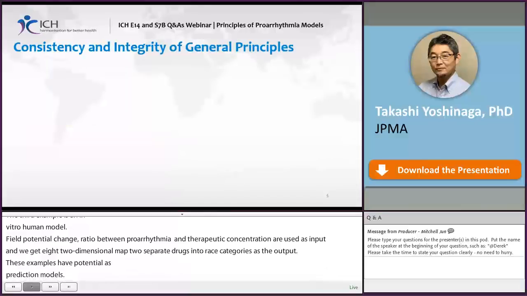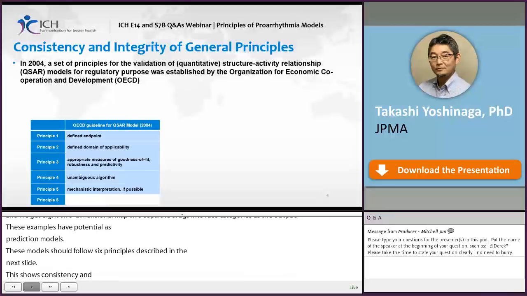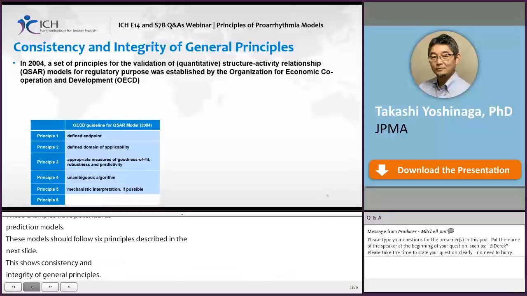This slide shows consistency and integrity of general principles. In 2004, a set of principles for the validation of quantitative structure-activity relationship QSAR models for regulatory purpose was established by the Organization for Economic Cooperation and Development, OECD.